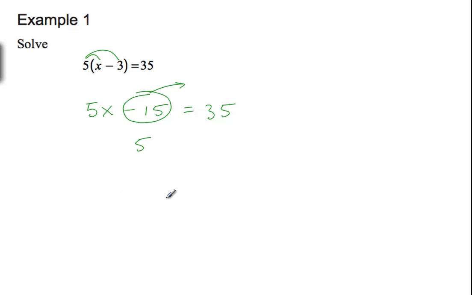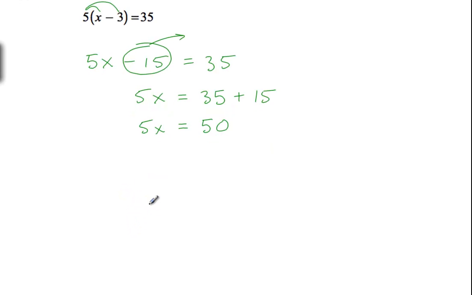So on the left side we have 5x, that equals 35, and the negative 15 becomes positive 15, because we're putting it to the other side. So 5x equals 35 plus 15, and that gives us 50. Both methods give us the same result. It just depends which one you're more comfortable with, which one makes sense to you.